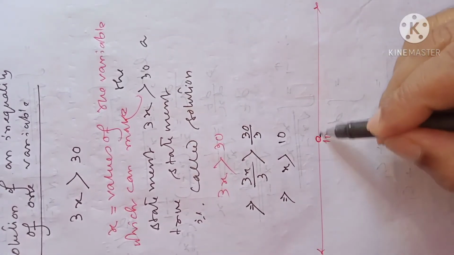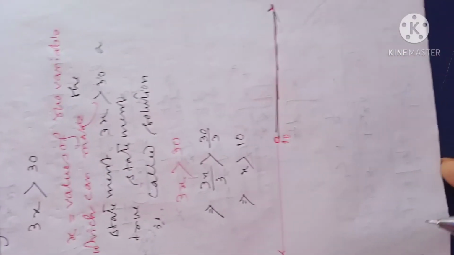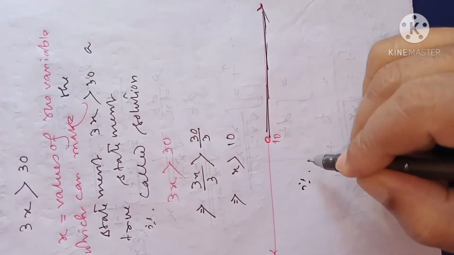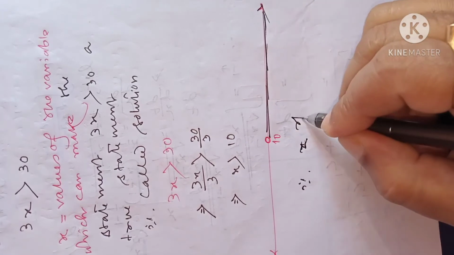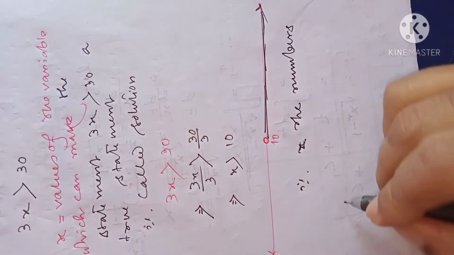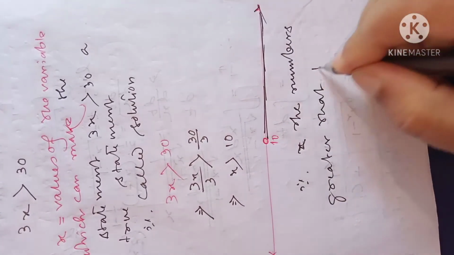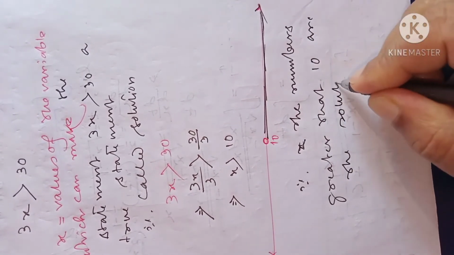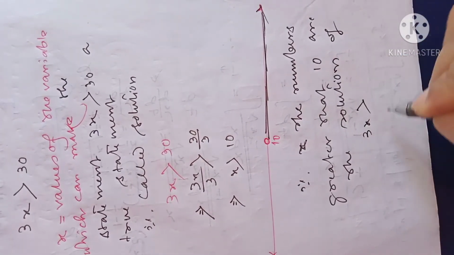So after 10, all those numbers which are greater than 10 will be the solution of the given inequation. That is, the numbers greater than 10 are the solutions of 3x greater than 30.